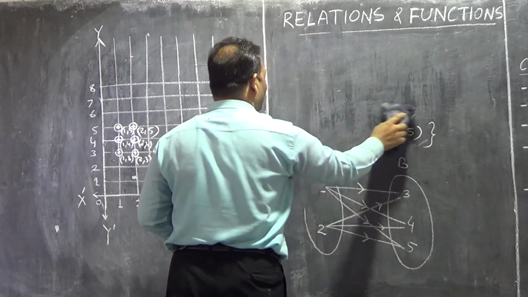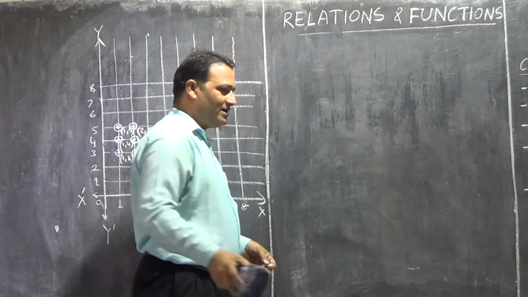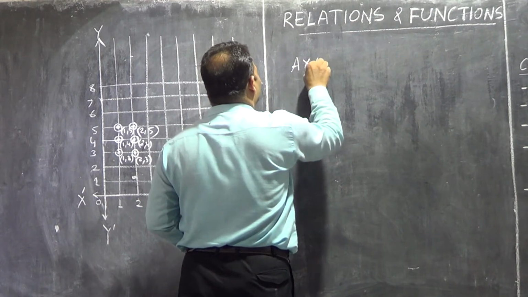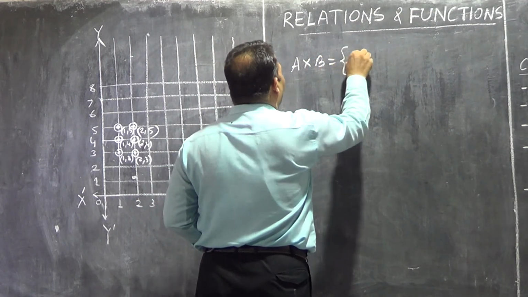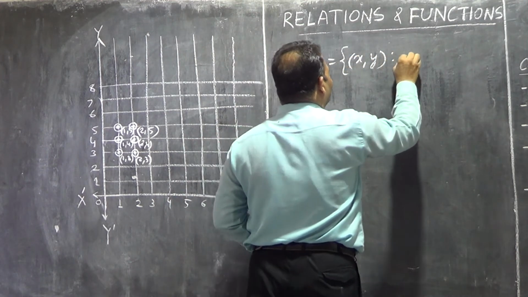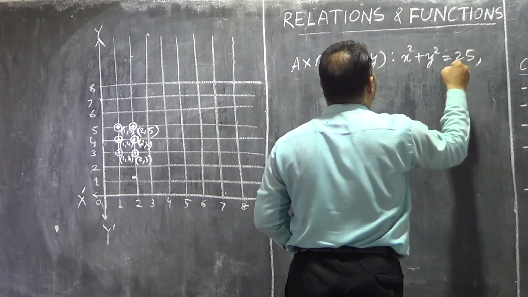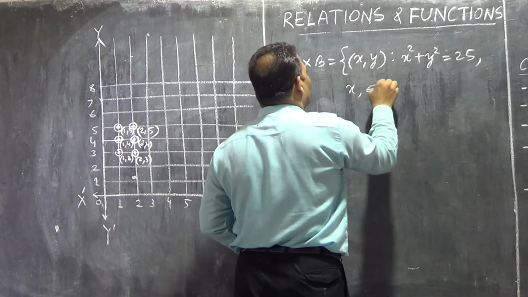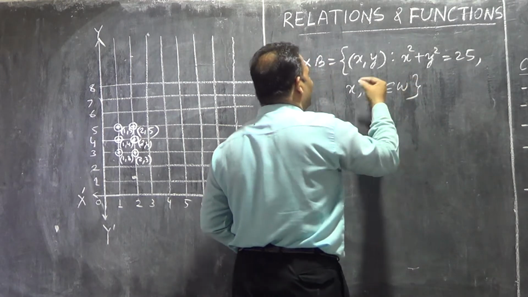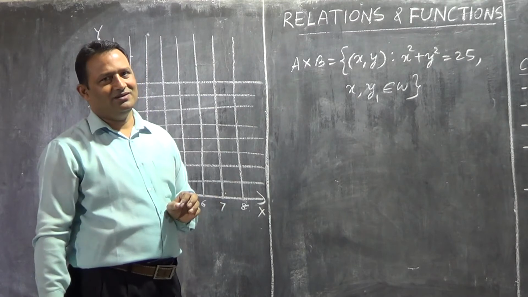I had given you one question: A cross B equal to x comma y such that x square plus y square equal to 25, where x and y belong to whole numbers. See, this is also a Cartesian product, but this is in set builder form.